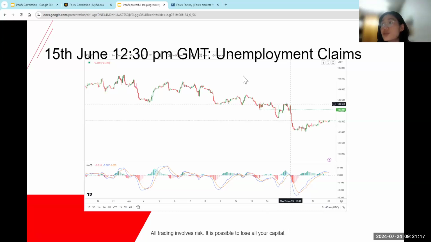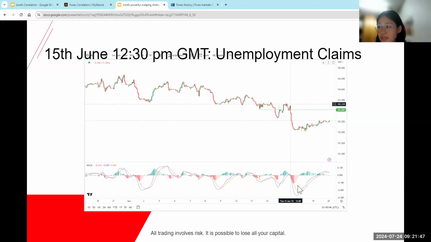On 15th June, I apologize for the words covering our chart a little bit, but this is our DXY, our US dollar index. On 15th June, unemployment claims were released, and this is on our 1 hour time frame. At 12 o'clock, once the data was released, we saw the price of DXY drop significantly.